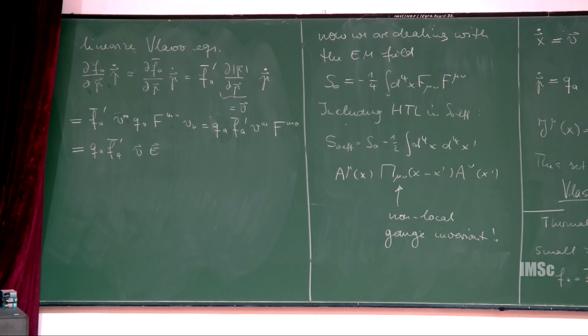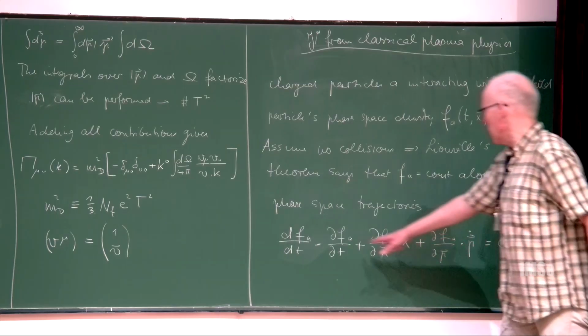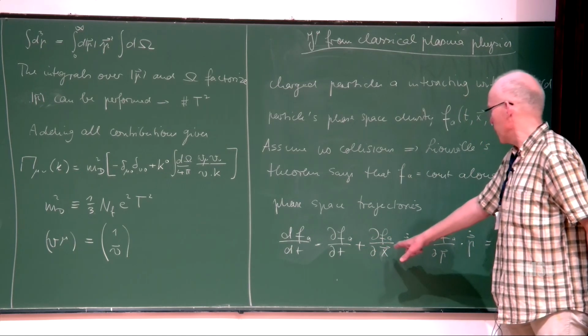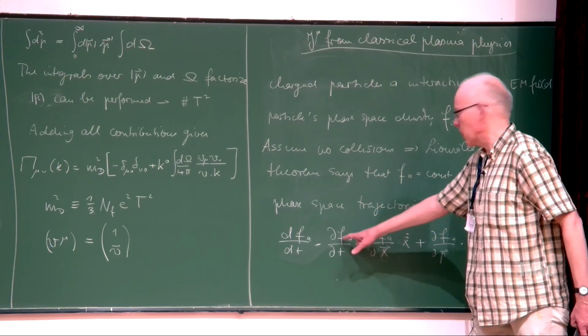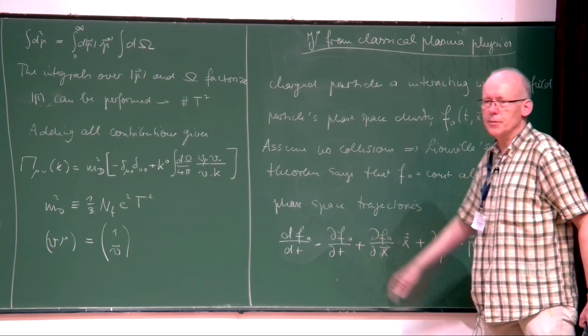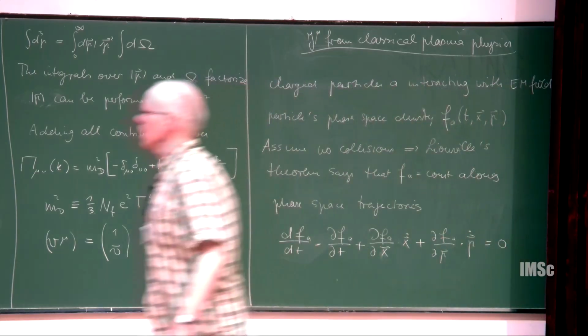Okay, so then we can plug this in. Here the equilibrium distribution gives 0, so this will contain the δf.